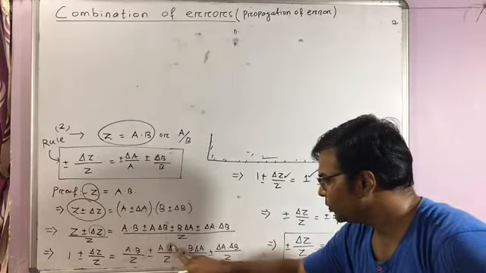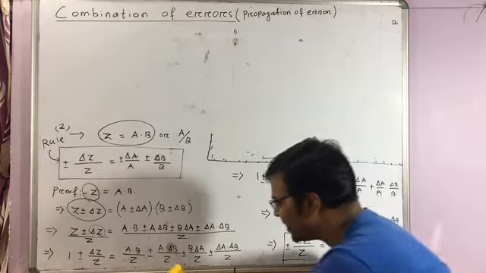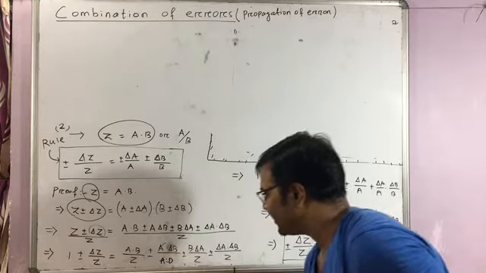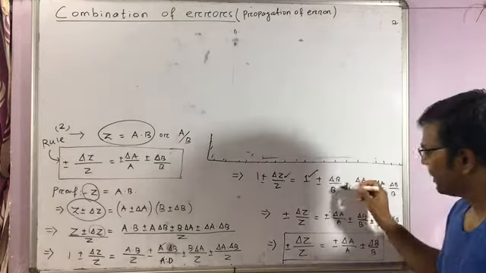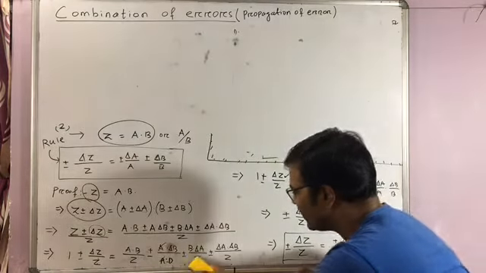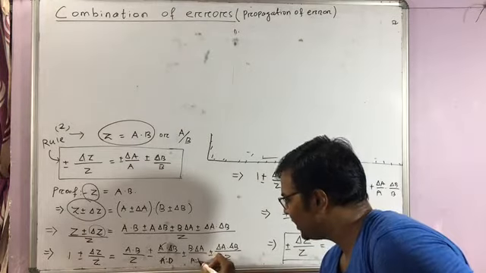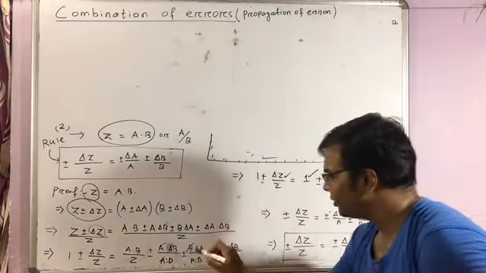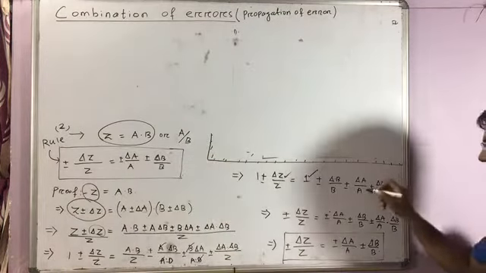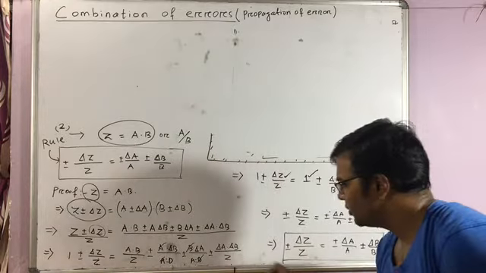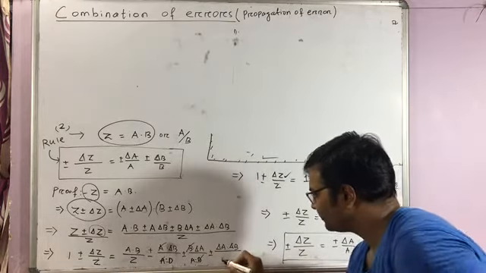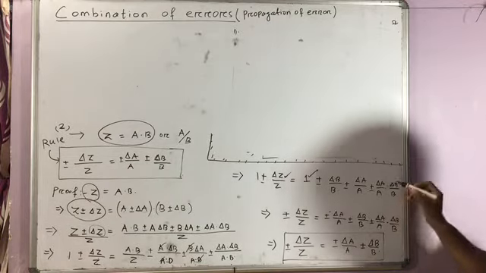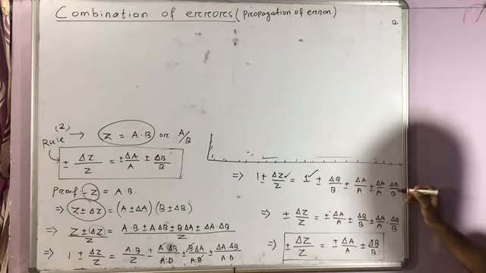Now A into del B divided by A into B: A got cancelled, so I get del B by B. Similarly, B got cancelled, so the value will be del A by A. And the last term I can keep as del A by A into del B by B.